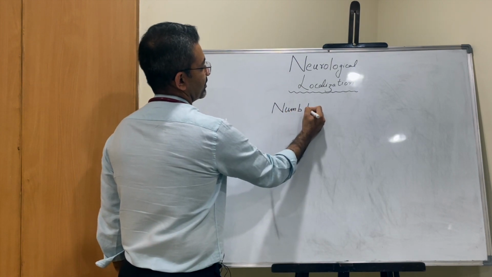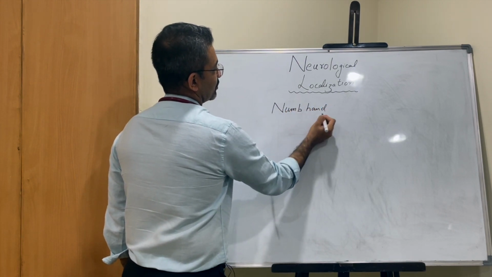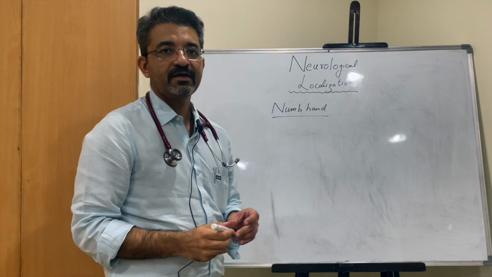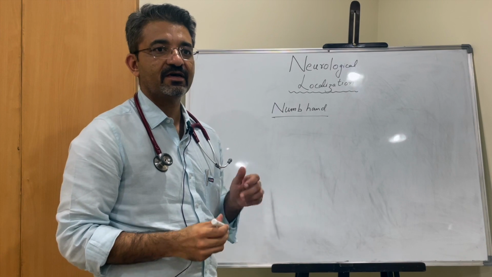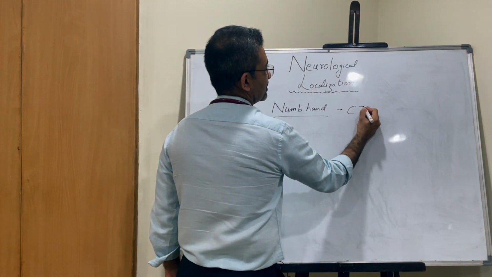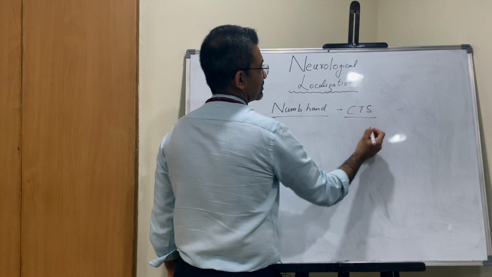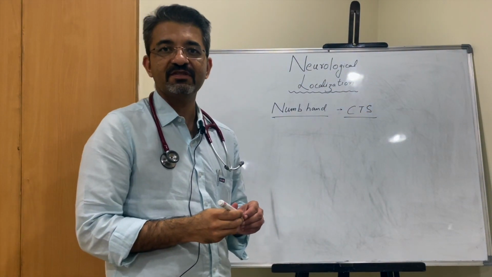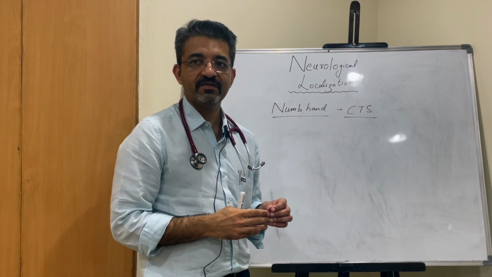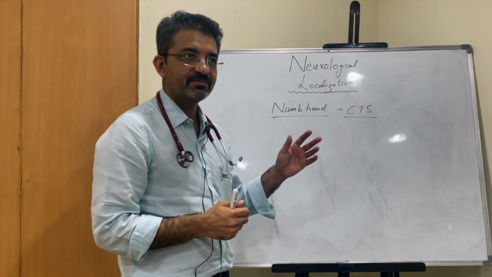A numb hand. World over, this is a very common neurological problem, and numb hand is primarily caused by carpal tunnel syndrome. One of the most important causes of numb hand is carpal tunnel syndrome, wherein you have involvement of the median nerve in the carpal tunnel and there is a focal conduction block, and that causes symptoms. But what are the predominant symptoms?